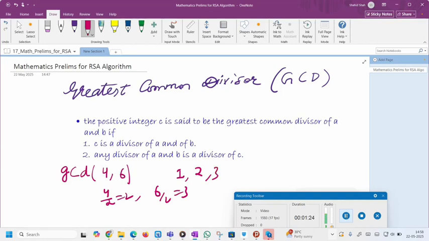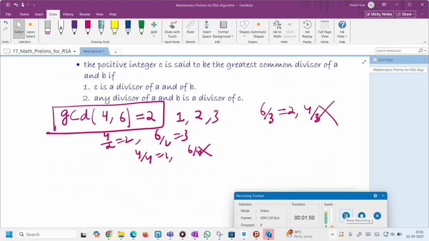Let's move to 3. Although 3 divides 6, it does not divide 4. Let's move to 4. Of course, 4 is divisible by 4, but it is not divisible by 6. So we cannot move beyond 2. Hence the GCD of 4 and 6 is 2.